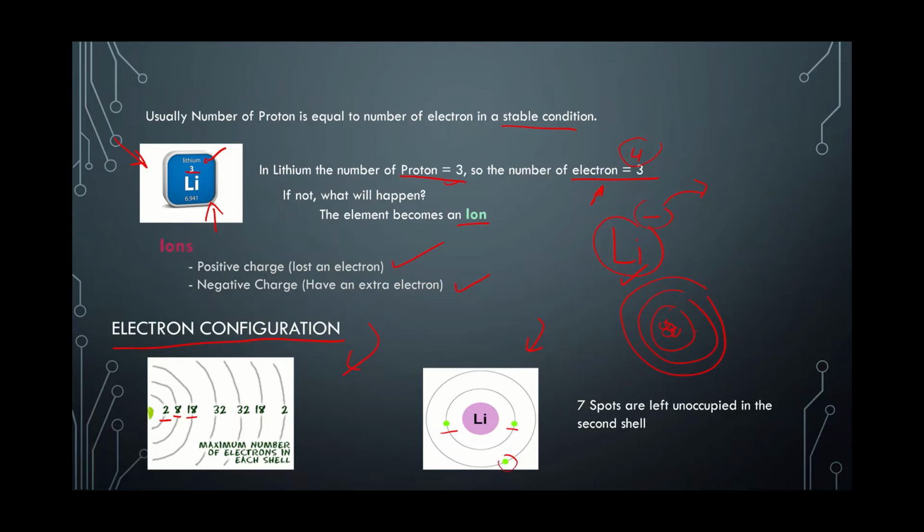Now the second shell has a maximum of 8, so 7 spots will be left in the second shell for the electron movement. So the electron can occupy these slots and move to another atom.